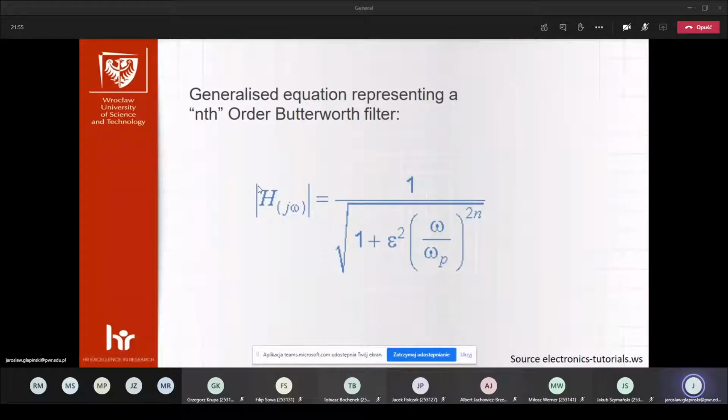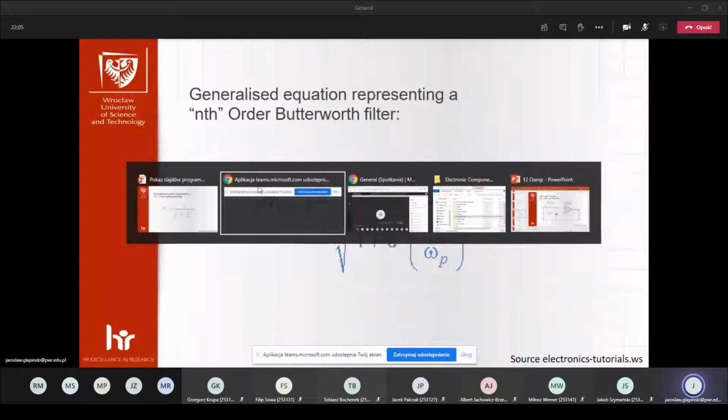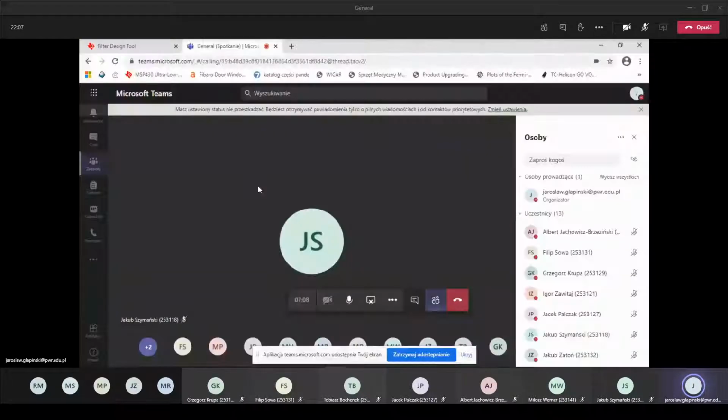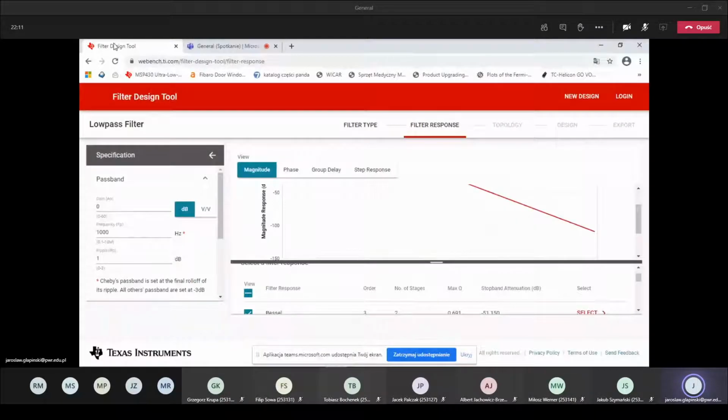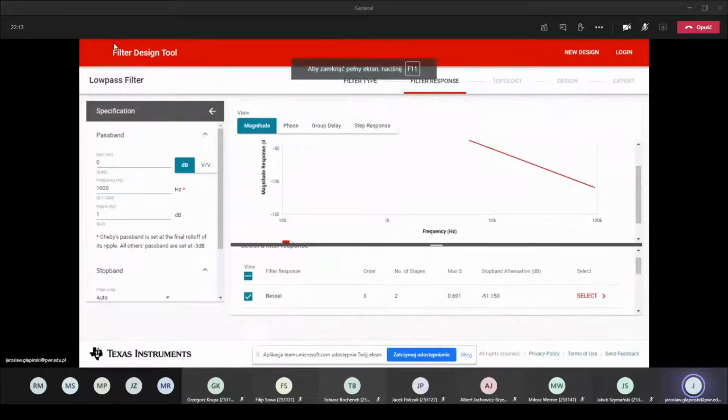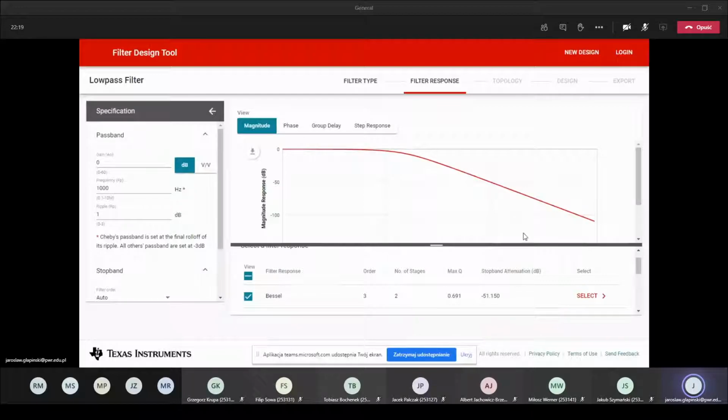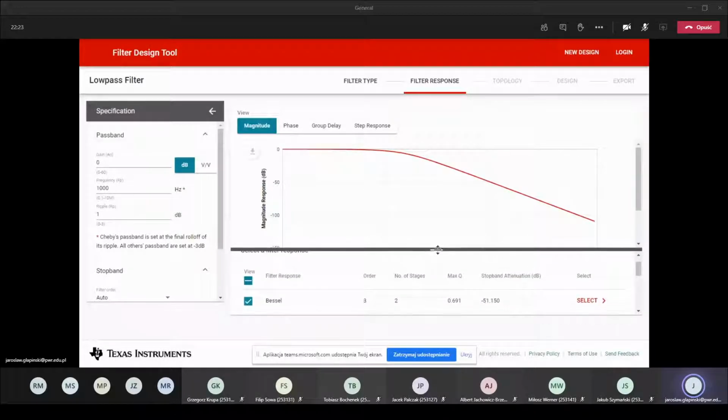Fortunately, for more complicated filters, we do not have to calculate the parameters ourselves. We have some tools. Of course, there are many examples of such tools.